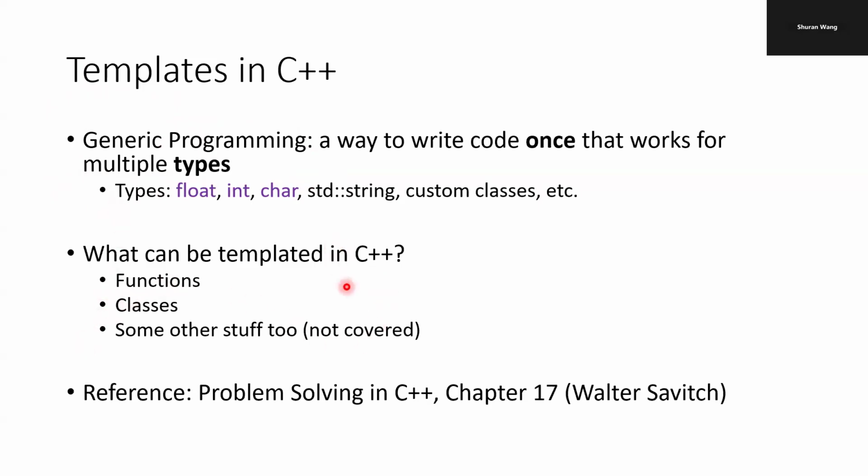In C++, we can template functions, classes, and some other things that are not going to be covered. If you wish to use them, you can go to the references or online and find out. Today we're just going to cover function templates and class templates.